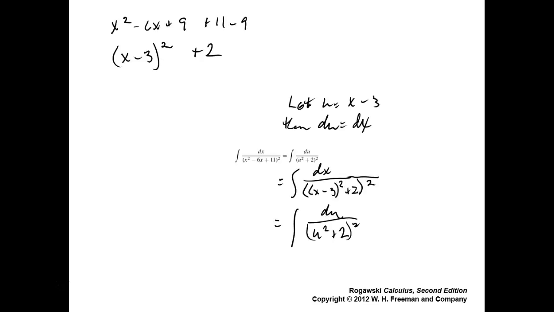Now, we started on page 389. In fact, we haven't gotten off 389 yet. We're still there. This is example 6, bottom of that page. And we started with this form, okay? And this wasn't a particularly attractive form. That was a quadratic in the denominator, not one of our standard ones we can use for our trig substitutions.